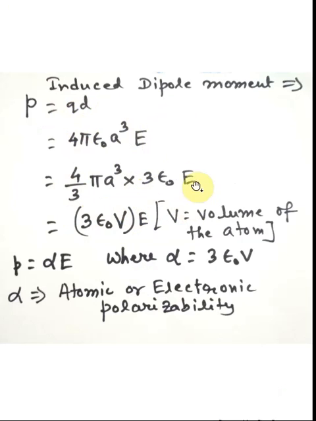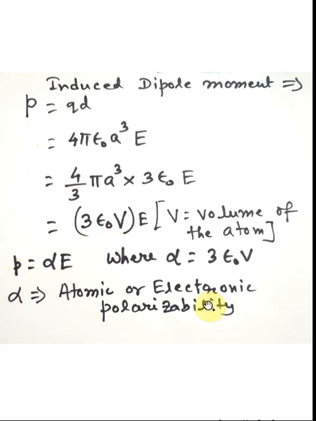Now if we do this adjustment, it becomes 3 epsilon naught V E, where capital V is the volume of the atom. We can see that this is a constant, and this constant is proportional to the volume of the atom. So the dipole moment p is basically proportional to the electric field, and this proportionality constant is called the polarizability.